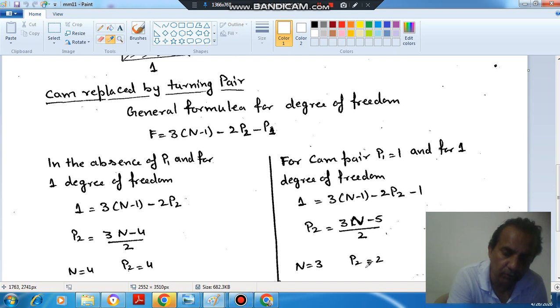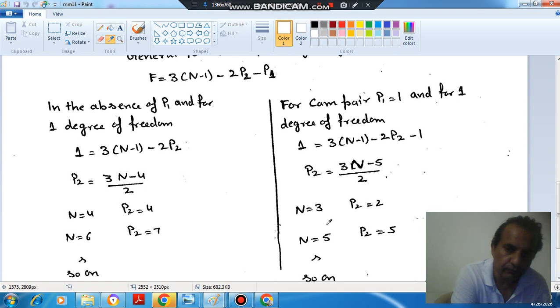So one higher pair is replaced by two lower pairs and one link. Okay, so replacement is possible. According to this formula, when n is 5, P2 is 5, and so on.